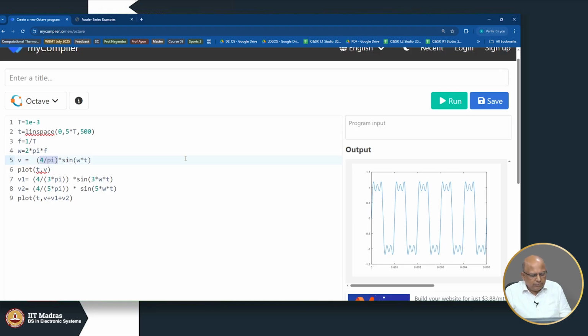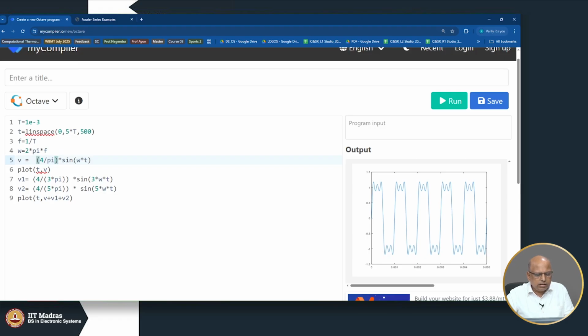That will possibly have a strong component, right, and the harmonics will have a smaller role to play, their amplitudes will be smaller, right. So, that is what we are also seeing here. We are seeing 4 by pi. Okay, this is the frequency of the main base waveform.